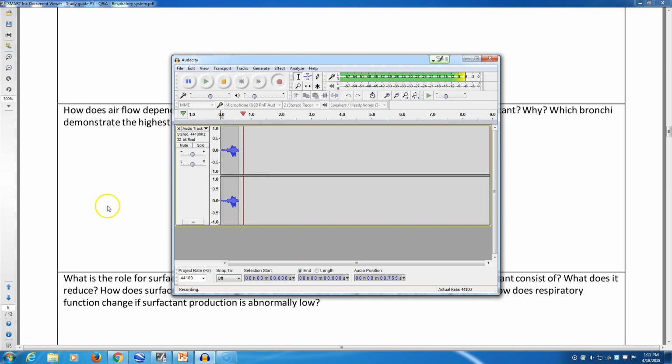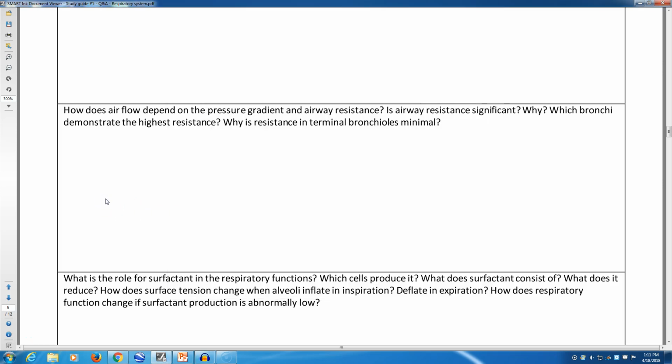So we covered the pulmonary ventilation per se, and now it's time to talk about factors that affect it. And we actually talked about three major things. The first is the pressure gradient and airway resistance.